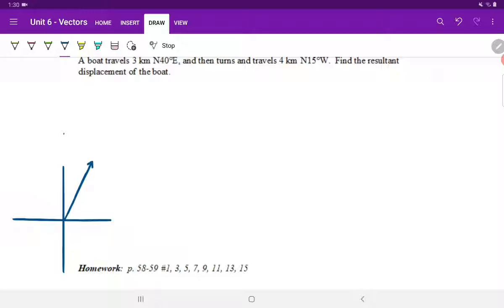Then we're doing 4 kilometers north 15 west. So from this point, we're going north 15 west. That's our north line. North 15 west, and it's 4 kilometers. It's longer than the vector I just drew.